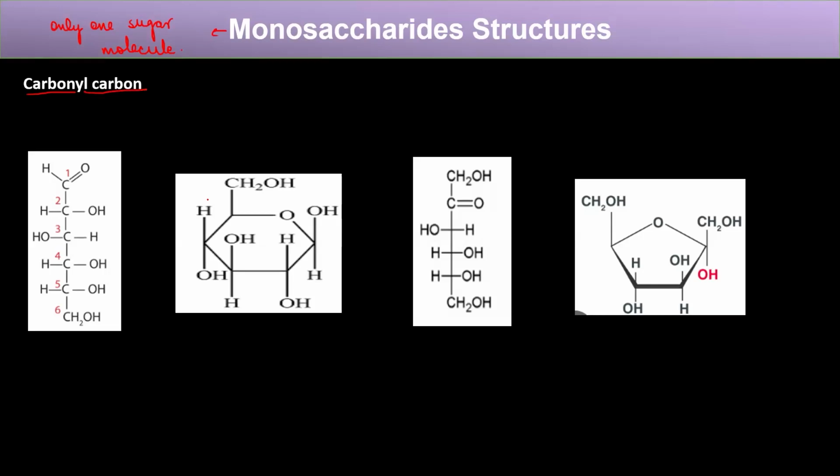So what is carbonyl carbon? If we look at the structure here, we are seeing that there is one carbon to which the functional group is attached. This is the example of glucose. Similarly, there is one more open chain structure, that is fructose. Here also there is one functional group, CO. So the monosaccharides or the carbohydrates consist of two types of functional group, either the aldehyde, that is CHO, or the CO group.